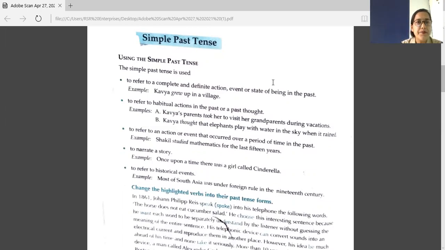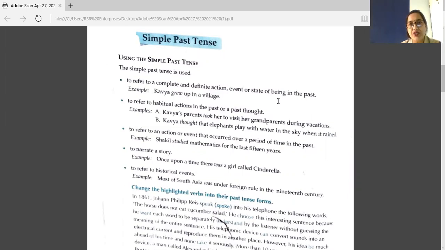Now let's see using the simple past tense, where we can use simple past tense. This is the first point. Simple past tense is used to refer to a complete and definite action, event, or state of being in the past.